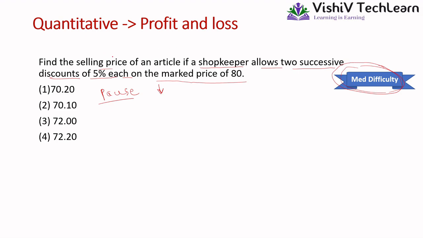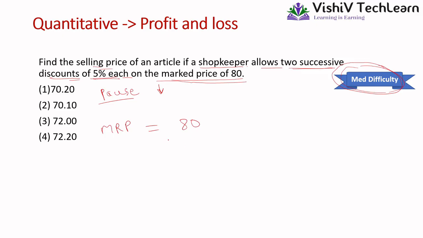In the question it is mentioned the selling price of an article, and the shopkeeper allows two successive discounts. The marked price is 80 rupees, and there are two discounts of 5% each.